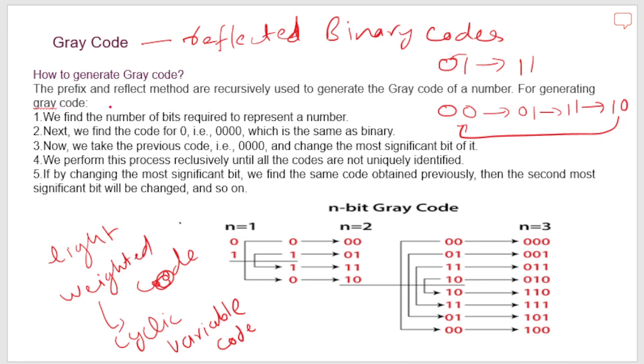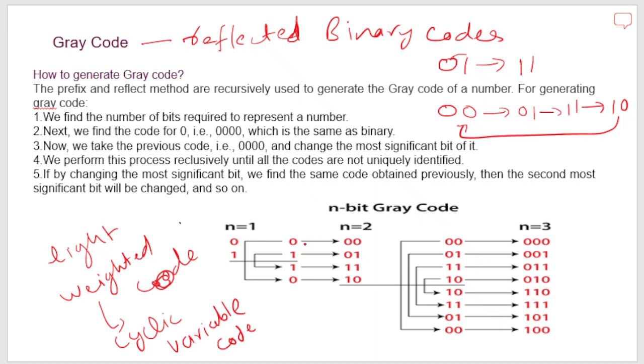The prefix and reflect method is used recursively to generate the gray code of a number. For generating gray code, we will find the number of bits required to represent a number. Then we find the code for 0, that is 0 0 0 in binary. Now we take the previous code and change the most significant bit of it.